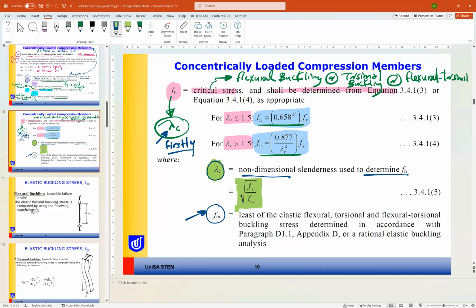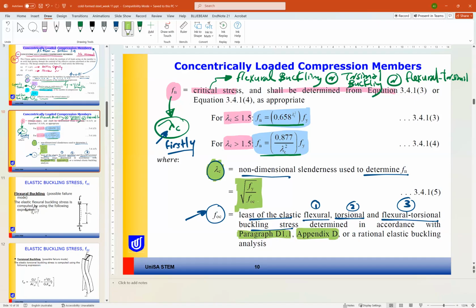FOC, as we mentioned earlier, is the least, or the critical, of the flexural, torsional, and flexural torsional buckling stresses. These stresses are determined using paragraph D1.1, appendix D.